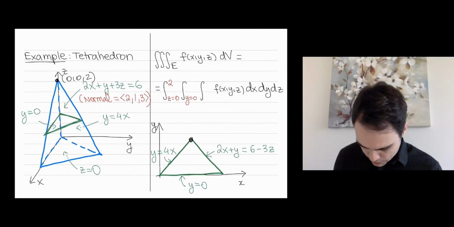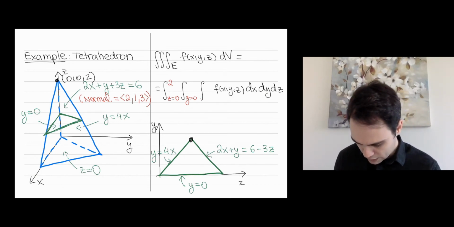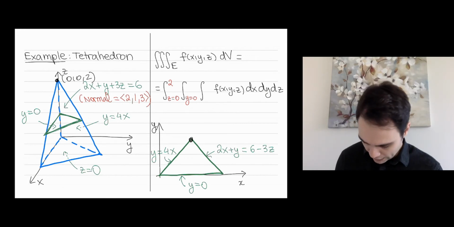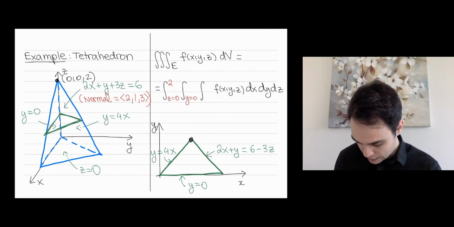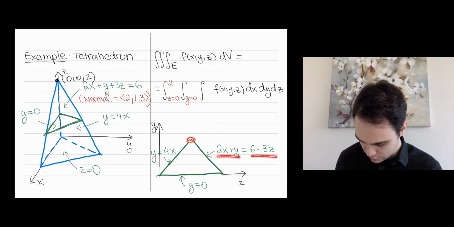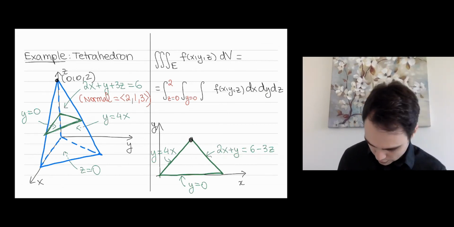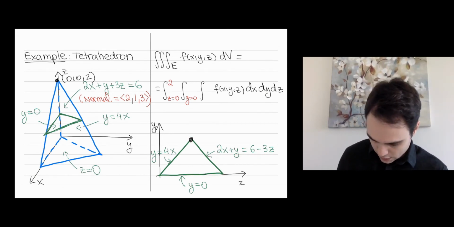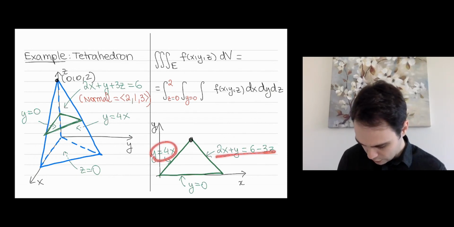So up here, y is 4x. So 2x plus y equals 6 minus 3z, and I just plug this equation in.